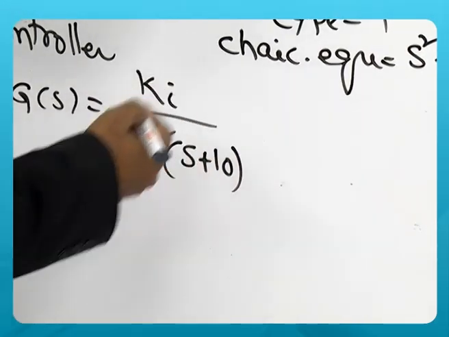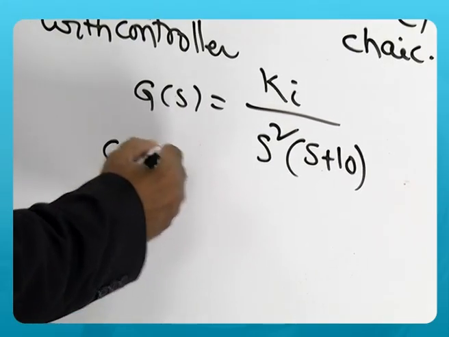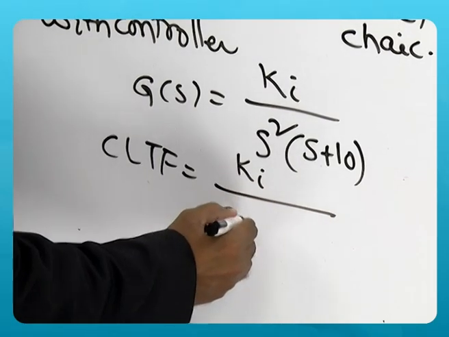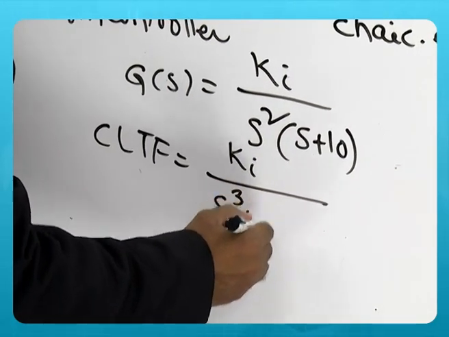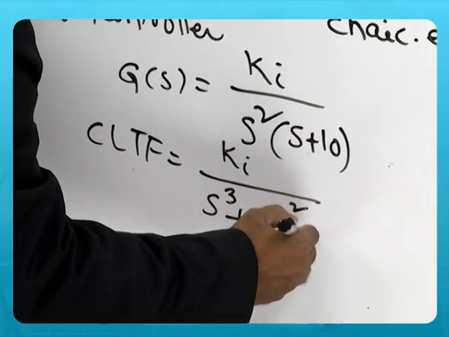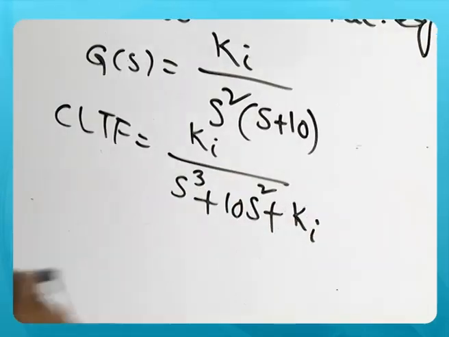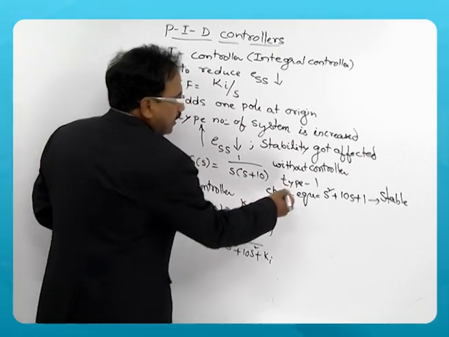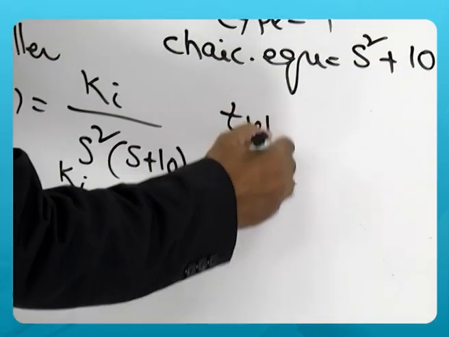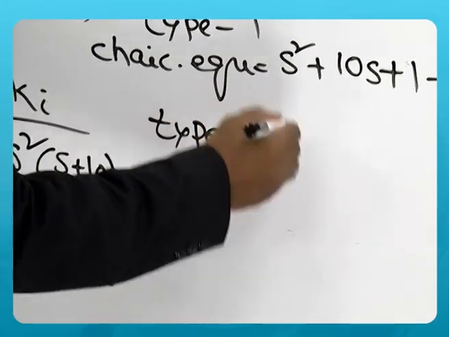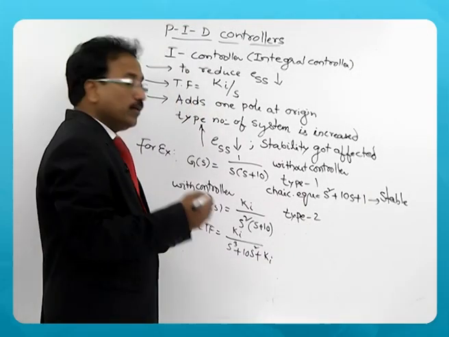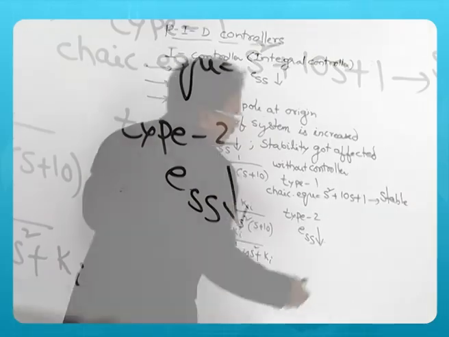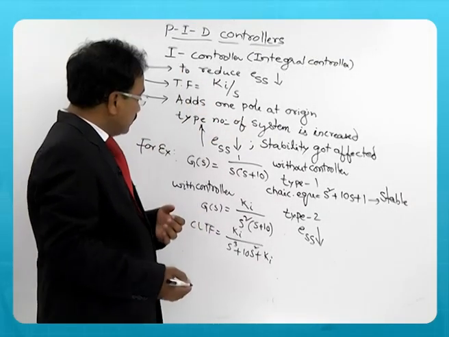The closed loop transfer function for this becomes Ki by s cube plus 10s square plus Ki. That means the type number is increased. Earlier it was type 1, but now the type of the system is increased to 2. No doubt, because the type increased, the steady state error will be reduced.